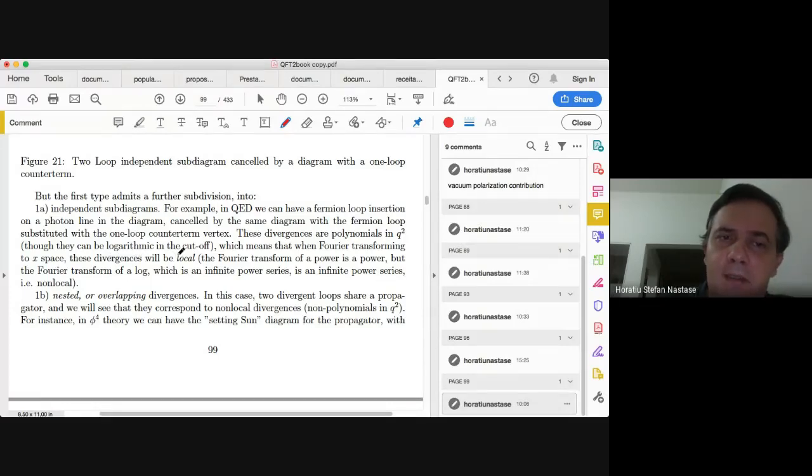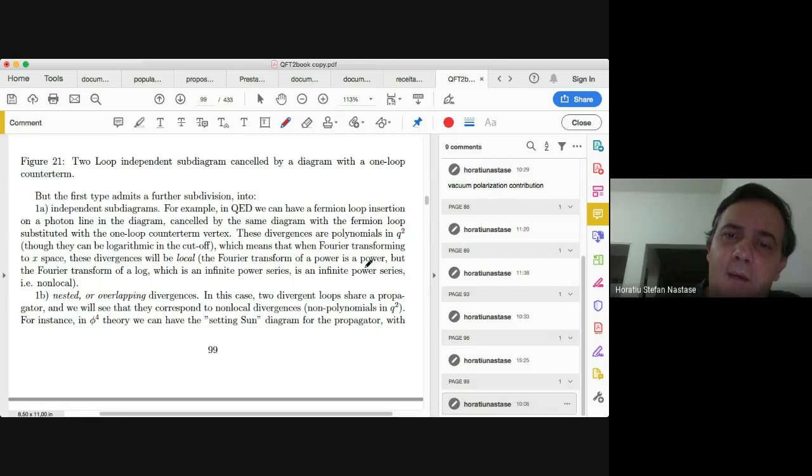So that means that this is local. Local means there's a single power, something like 1 over x to the power alpha. But if you have something like a log, it is really an infinite series of powers, thinking about it in Taylor expansion.